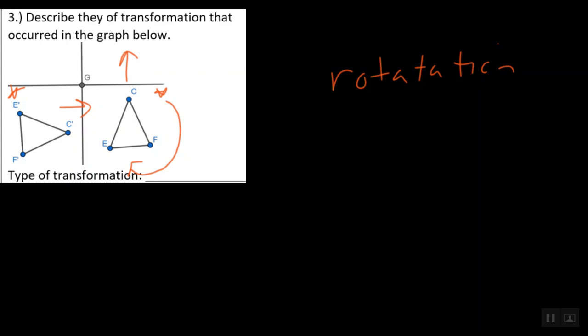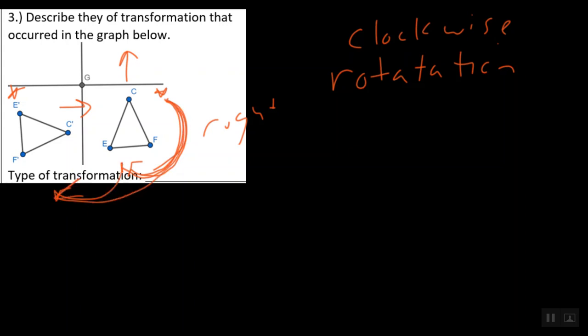And then you want to determine what type of rotation. Well, if it rotated to its side, going clockwise, so we know it's going to be a clockwise rotation. And remember, clockwise is whenever we go to the right, okay? And whenever we go clockwise and we go to the right one quadrant, that's going to be a 90-degree clockwise rotation. However, a 90-degree clockwise rotation could possibly be, we could have really gone 1, 2, 3.